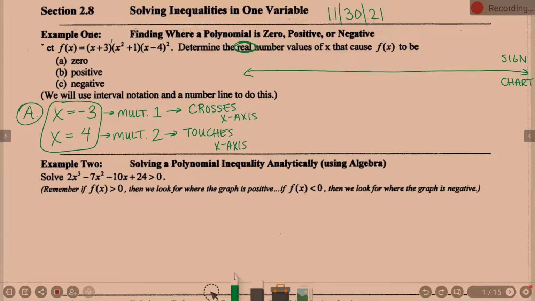On this sign chart, you're going to put your zeros, which in this case were negative 3 and 4. Notice I put them in numerical order, but I didn't worry about spacing or anything like that. I just want them in numerical order.